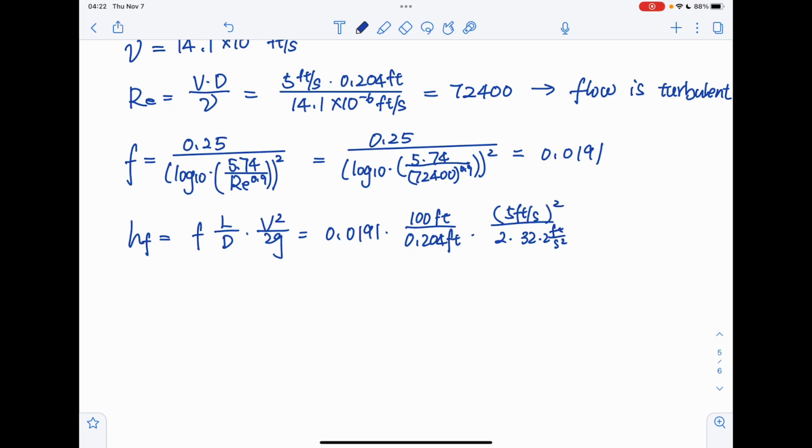So the head loss is going to equal 3.635 feet.